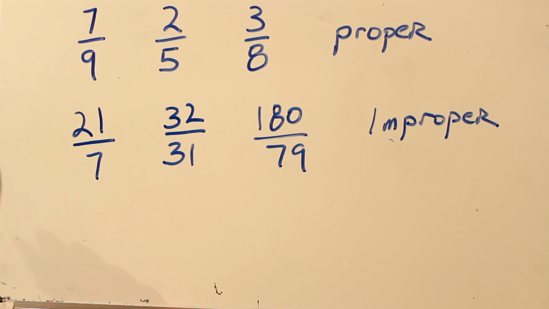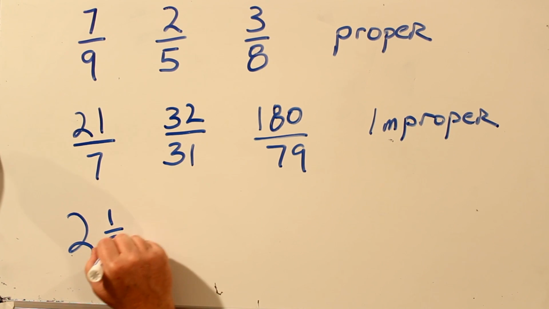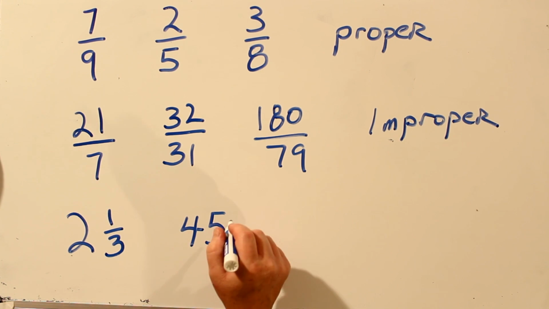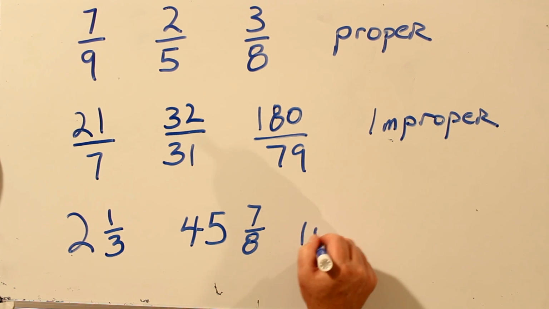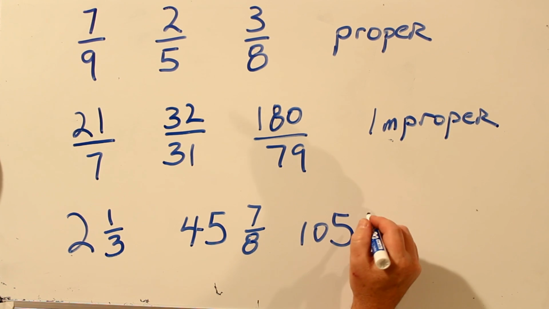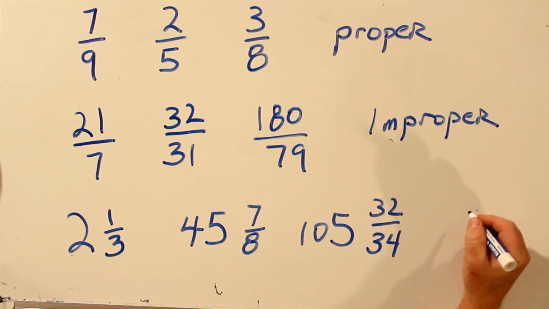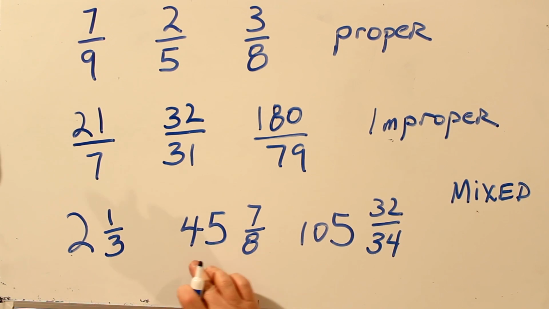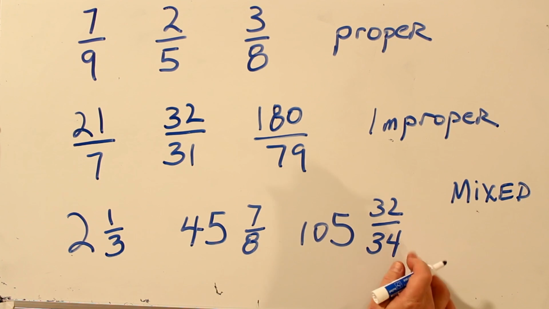Improper fractions. And if we have a whole number and a proper fraction together, like 45 and 7/8, or 105 and 32/34, these are called mixed numbers because they contain both a whole number part and a proper fraction. A whole number and a proper fraction.